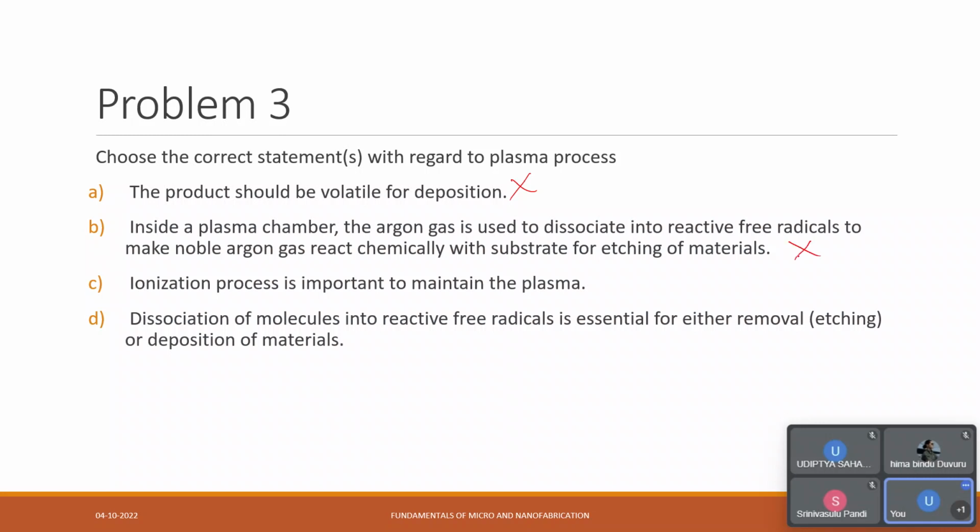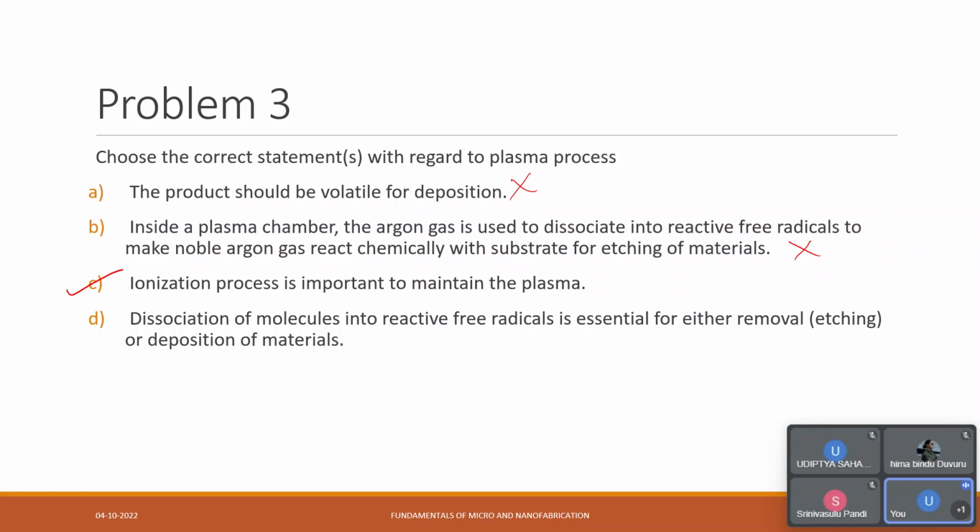Yeah, next option: ionization process is important to maintain the plasma. Argon helps in this ionization process, and the plasma is maintained because the electrons are being generated. So this is the correct one. And dissociation of molecules into reactive free radicals: the electrons collide with the molecules, and they dissociate into radicals.